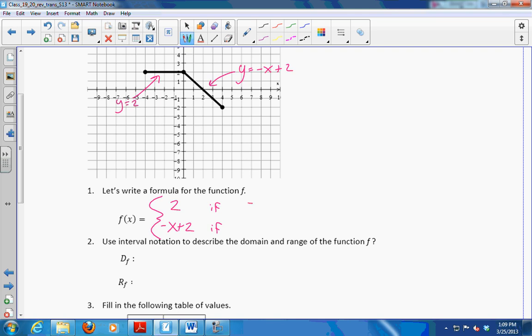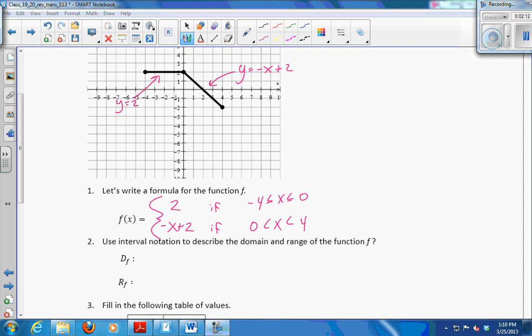So we would say -4 less than or equal to x less than or equal to 0. And then we use the other formula if x is where? Greater than 0 and less than. Okay, so this has to be or equal to because of the closed dot on the 4.